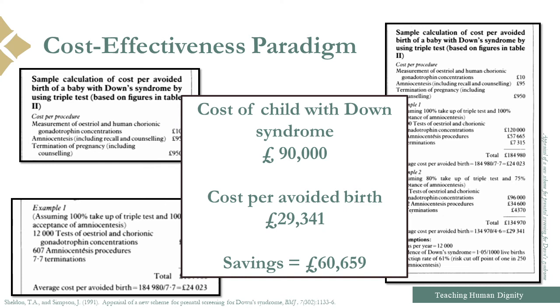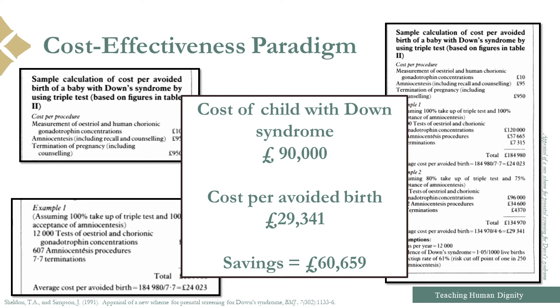In this example, I think these researchers estimated the cost of a child with Down syndrome would be about £90,000 over the course of his lifetime. So you take the amount the child would cost, subtract the amount spent, and you get a savings of about £61,000, right? So a substantial cost saving per child aborted.